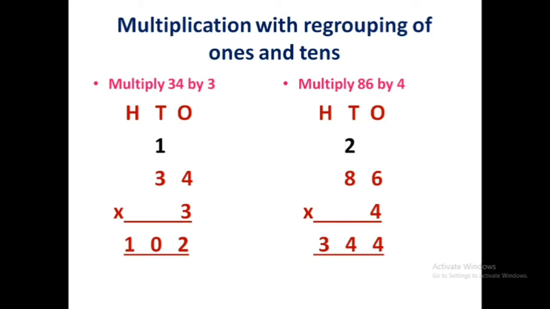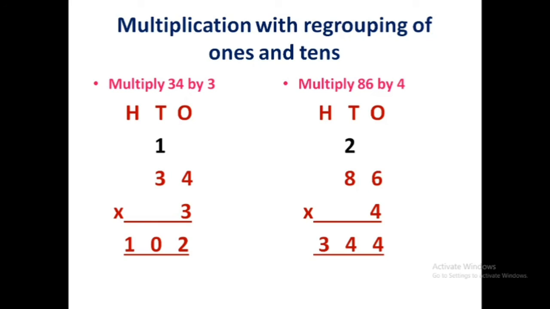Let us multiply 34 by 3. First, write the numbers 34 into 3. Always begin multiplication from the ones column. 4 ones into 3. 3 into 4 ones. 3 fours are 12. Write 2 in the ones column.